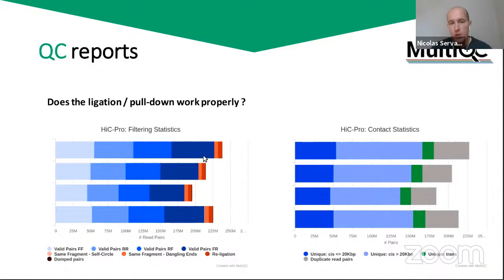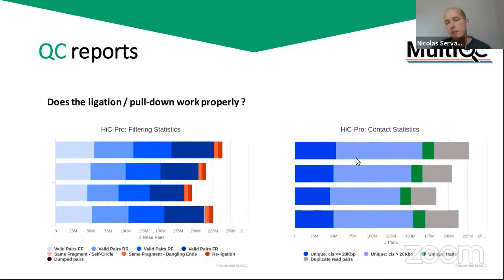You will expect to have a lot of valid pairs, much more than invalid pairs, but you have the details about the different types of valid pairs and non-valid pairs that you have in the data. This is very useful if you have an issue with the ligation step of the protocol, or with the pull down step.